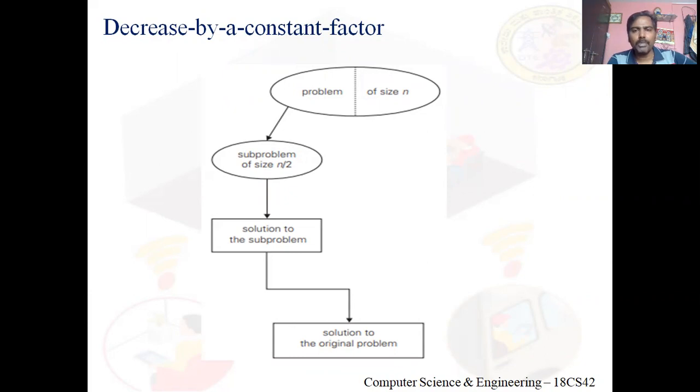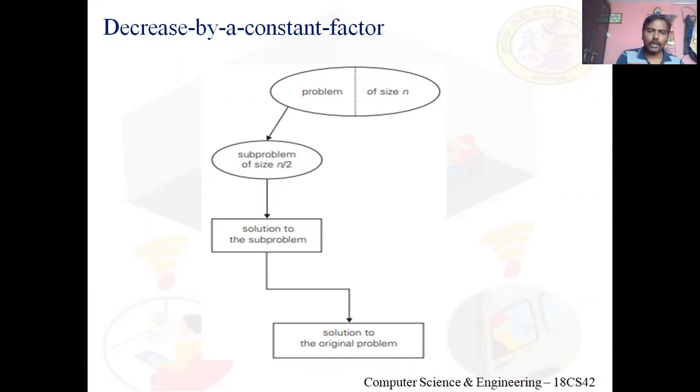If the key mismatches with mid, what will I do? I will divide that into 2 halves and discard 1 half and consider the other half with 50, right? Next, again in this half, if the key mismatches, what will I do? Again, I'll divide into 2 sub-halves of 25 each. Clear?